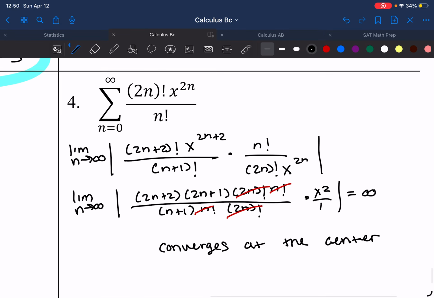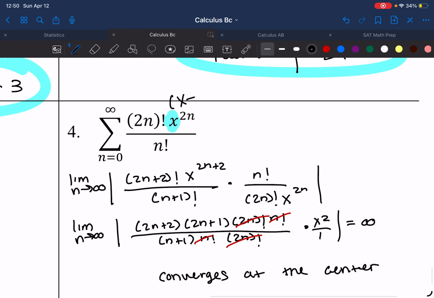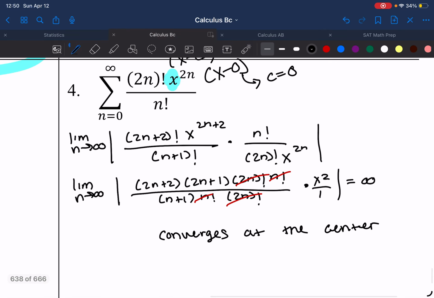To find the center, remember in our initial definition, the center is c. If we look up here where this x is, technically this is x minus c. Since there's no c value here, it's really x minus 0, and that's how they were able to just write x. So c is equal to 0, so our center is x equals 0.